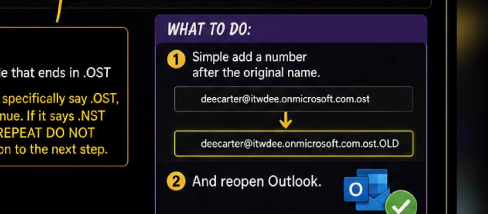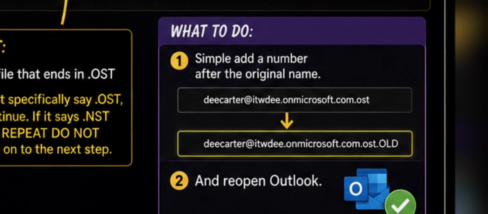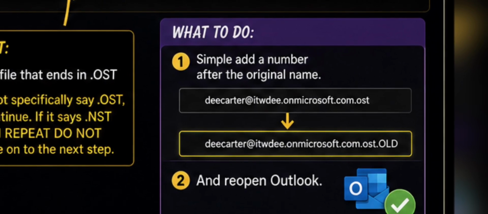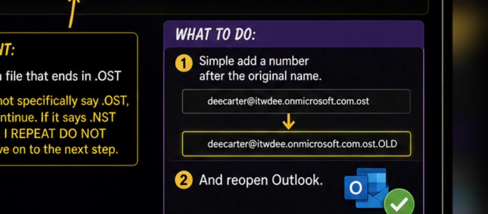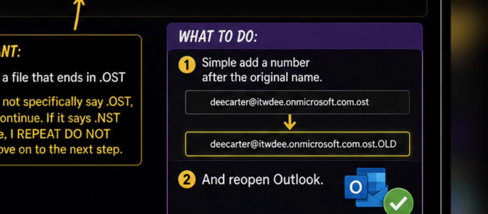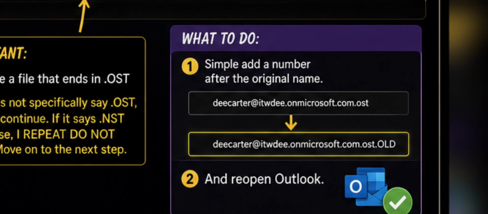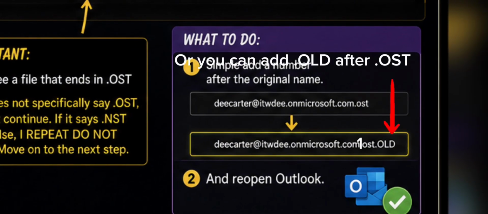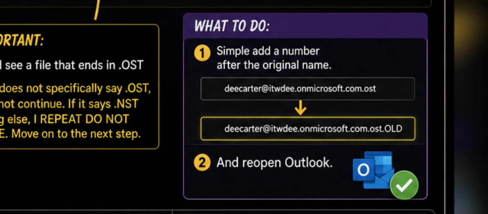All right, moving on. For the continuation of the .ost instructions, simply add a number after the original name. For example, let's say your file is Sasha.ost. You would simply add a 1 after Sasha. That'll rename it.